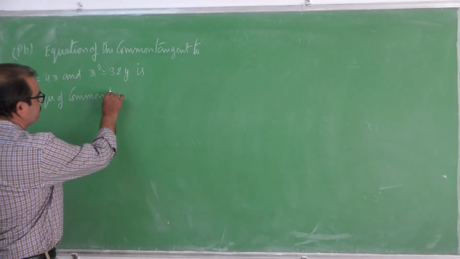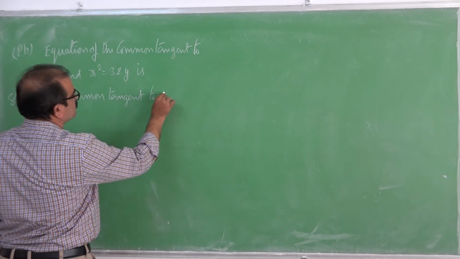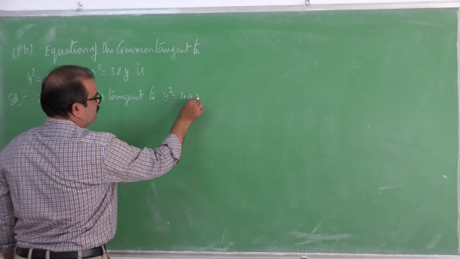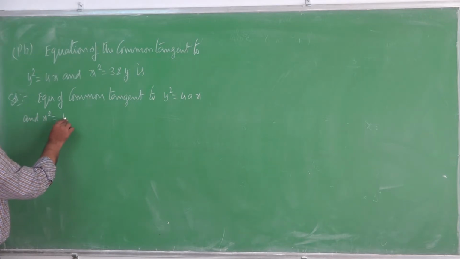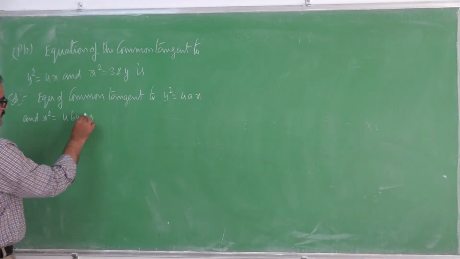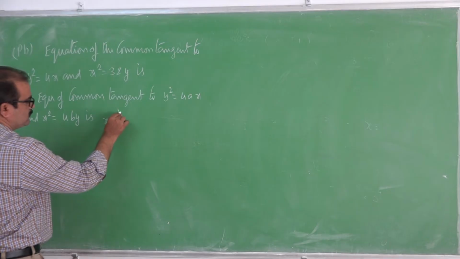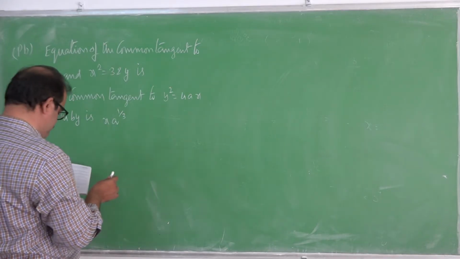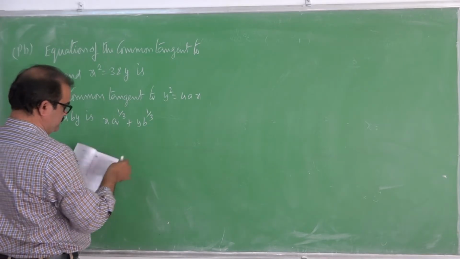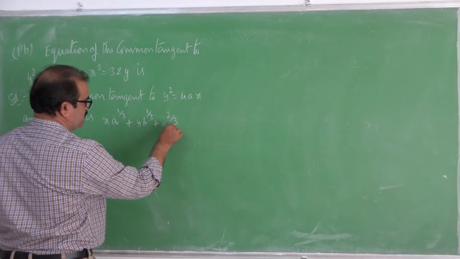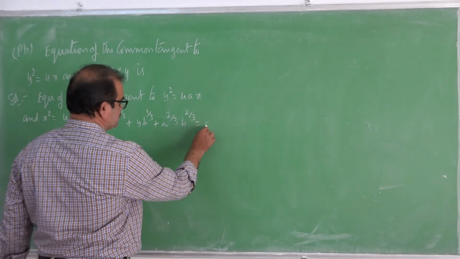The equation of common tangent to the parabola y square is equal to 4ax and x square is equal to 4by is x into a power 1 by 3 plus y into b power 1 by 3 plus a power 2 by 3 into b power 2 by 3 is equal to 0.